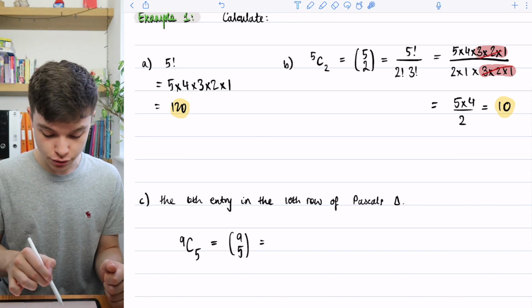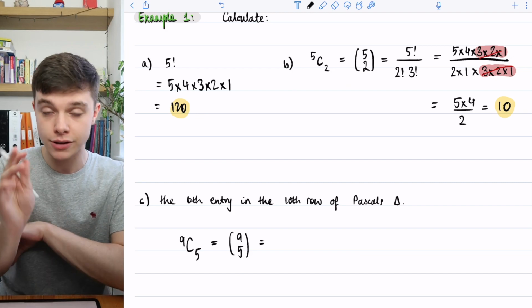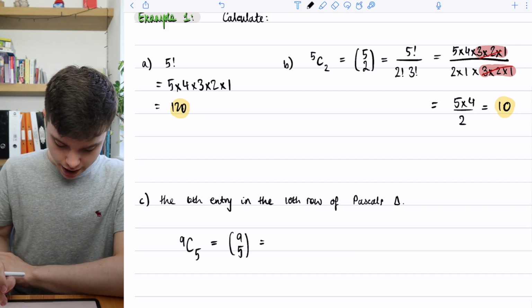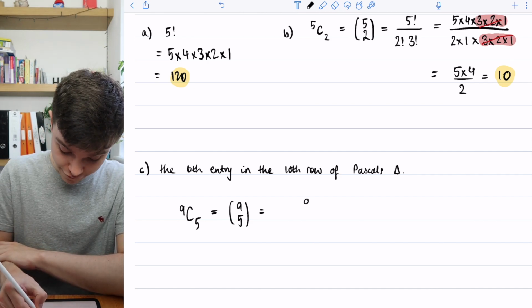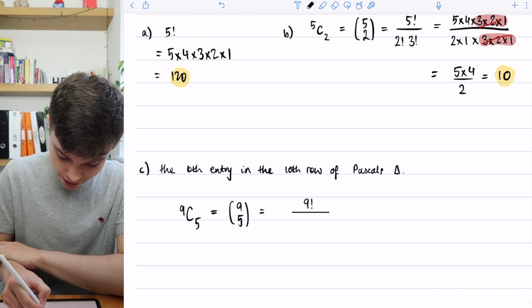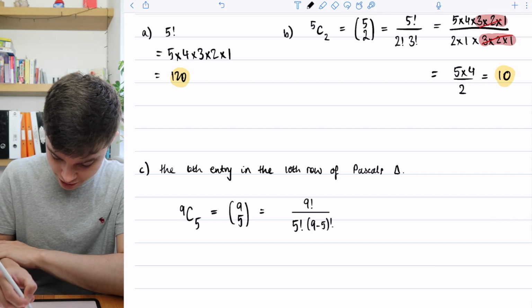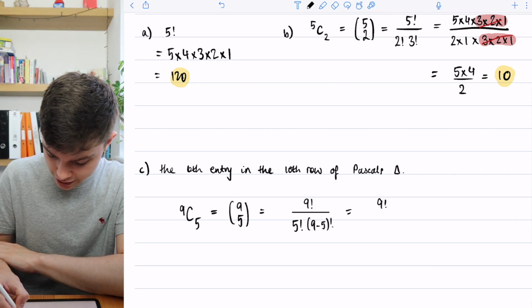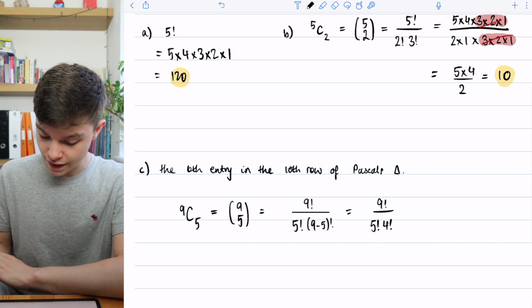You don't always have to write this in here, it's just to help you get used to the different notation. And then all we're going to do is our factorial. So 9 factorial divided by 5 factorial times 9 minus 5 factorial. And of course that's 9 factorial divided by 5 factorial times 4 factorial.